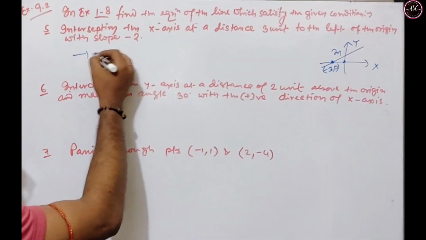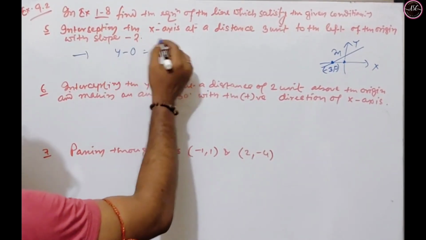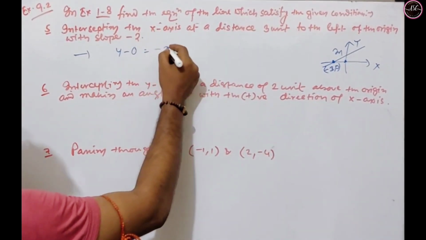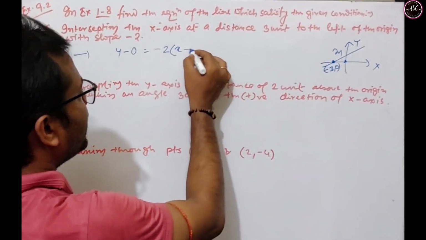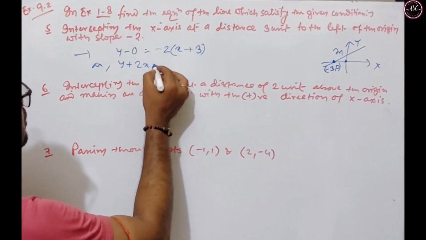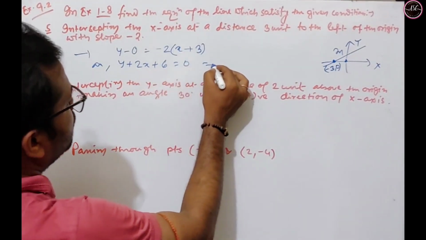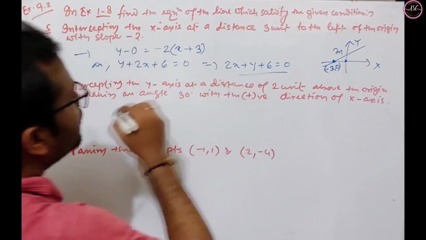So the equation will be y minus 0 equal to minus 2 into x minus (-3), that means x plus 3, or y plus 2x plus 6 equal to 0, or 2x plus y plus 6 equal to 0 will be the equation of the line.